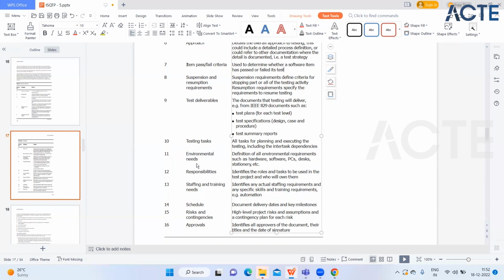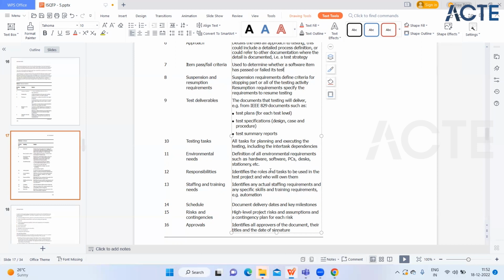Now, environmental needs: definition of all environment requirements such as hardware, software, PCs, desk, stationery, everything related to the environment, you have to define under the environmental needs. For example, the particular operating system, or whether it will be supported on web only or on mobile also. So all these things you have to define under environmental needs.